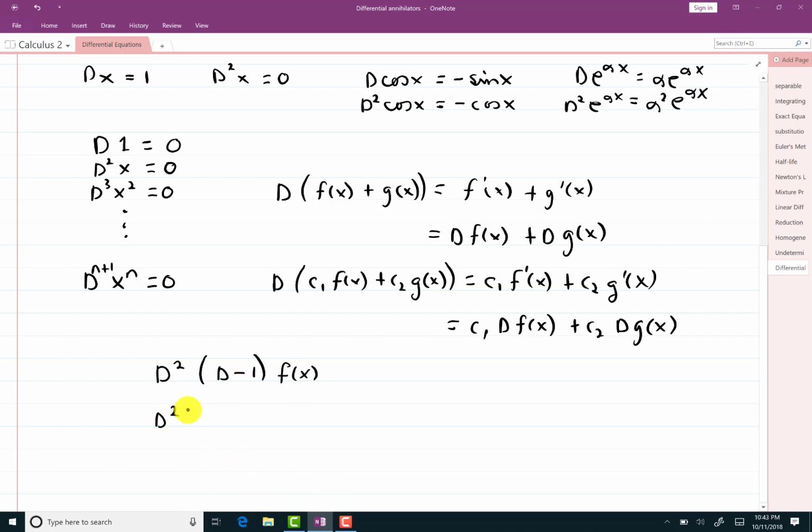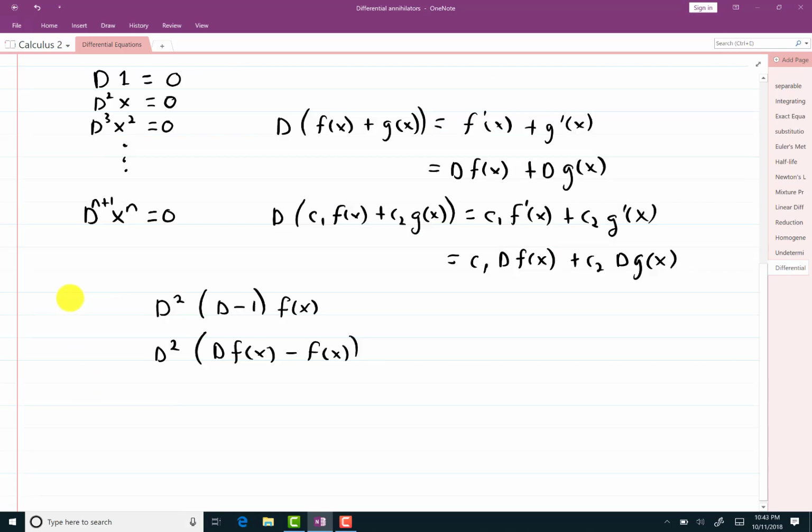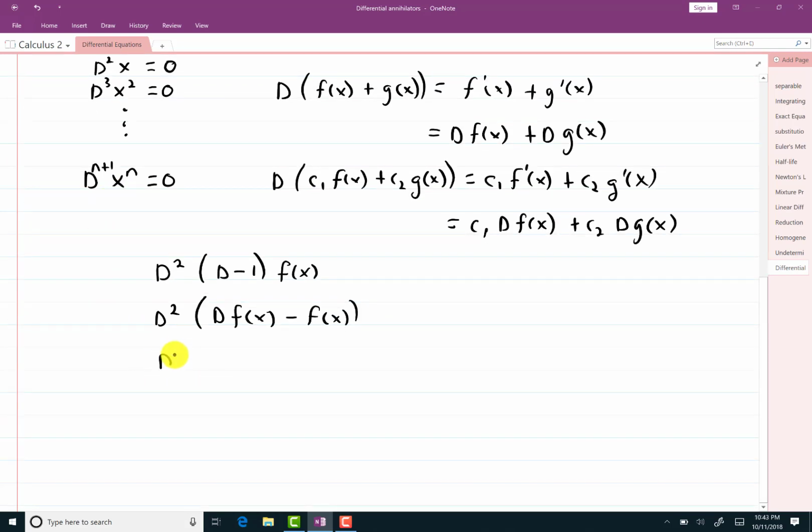So the D squared will hang there. And now you can distribute it in here. This is D f of x minus f of x. No D means I don't do anything. So take the derivative, and I'll have f prime of x minus f of x. And now you're going to take the 2 more derivatives of what's in there, and you'll end up with f triple prime of x minus f prime of x.